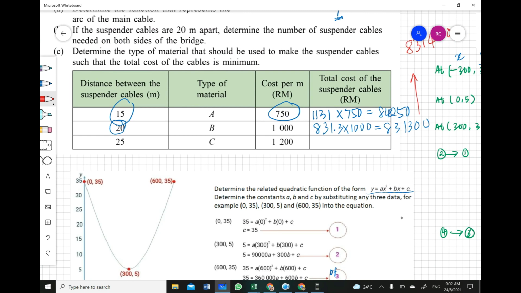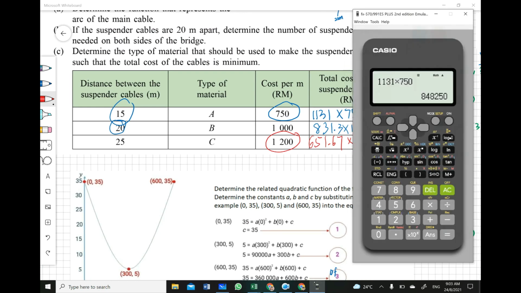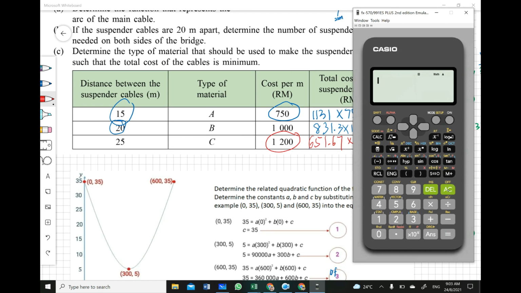It has to be 651.67 multiplied by 1,200. So calculate again. 651.67 times 1,200. So you are going to get 782,004.